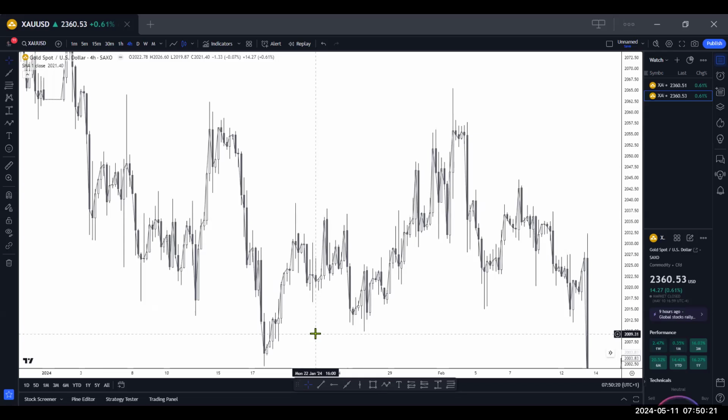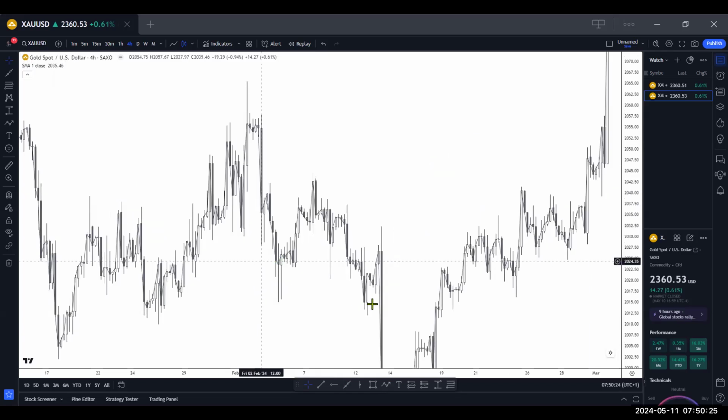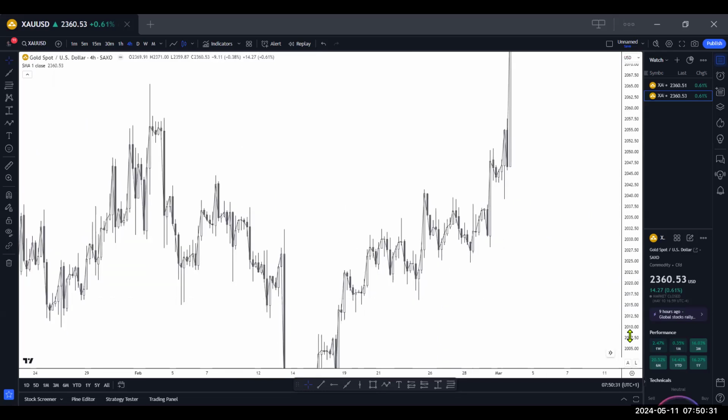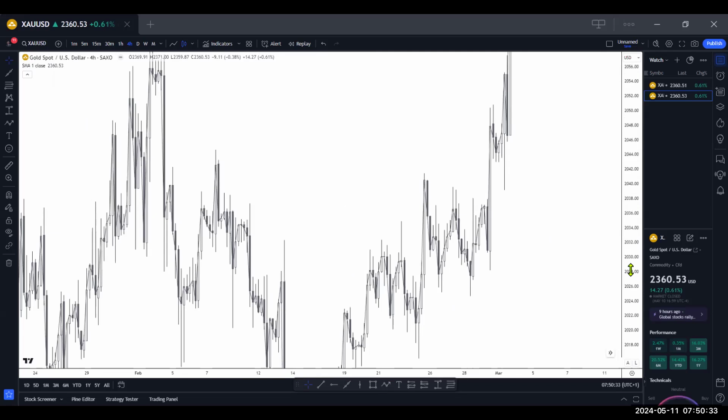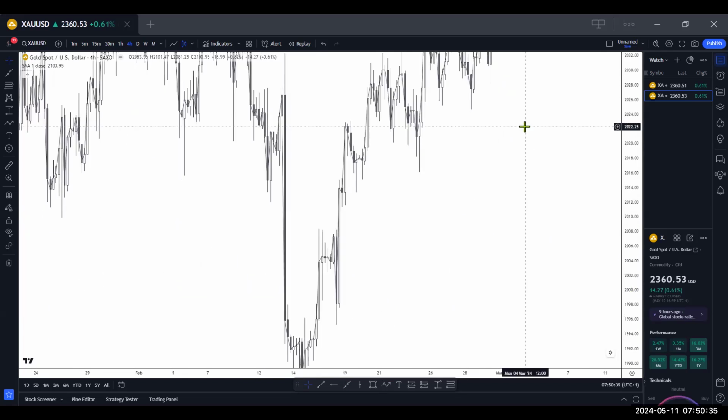So you must remember it's a continuation setup. So you don't find it somewhere else unless you're looking for continuations. So let's see.